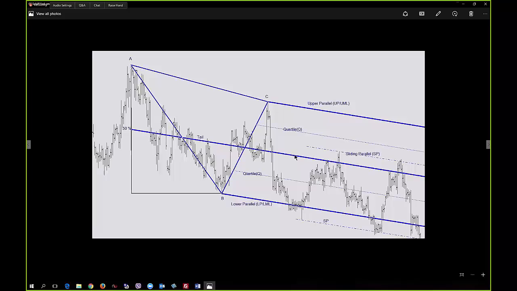Once you have that slope, you copy that median line and see if it's giving you any relevant points. For example, in here, you can see that the sliding parallel works with that particular slope. This pitchfork is a shift pitchfork. A shift pitchfork moves 50% in price, from the A point to the B point.